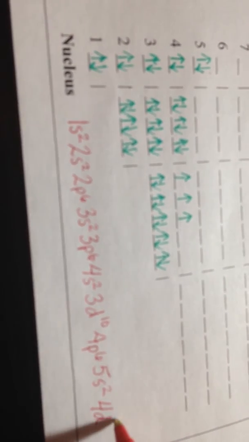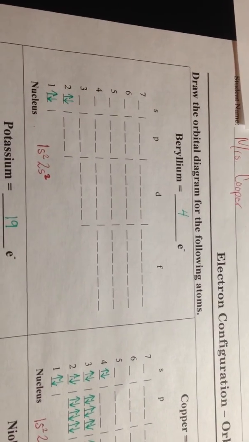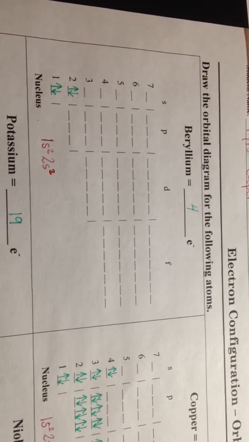So our final thing that we write down is 4d, and we count that up, 1, 2, 3. 4d3. So this is all it is for writing electron configurations, translating from orbital diagrams into electron configuration notation.